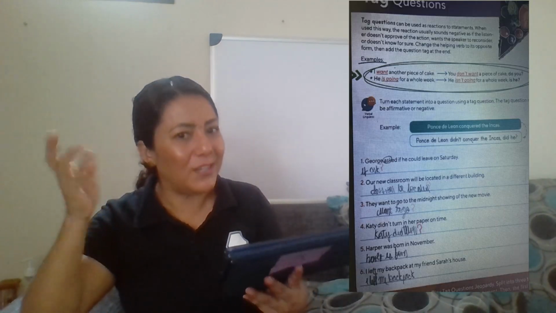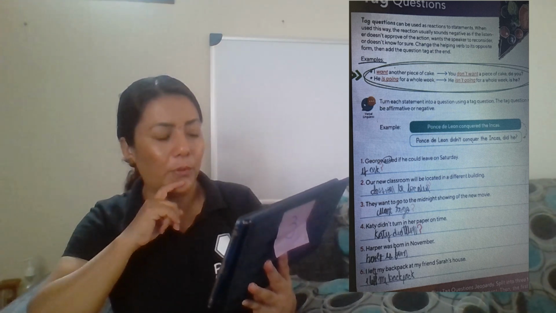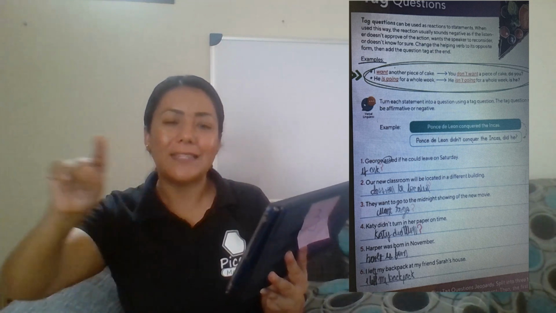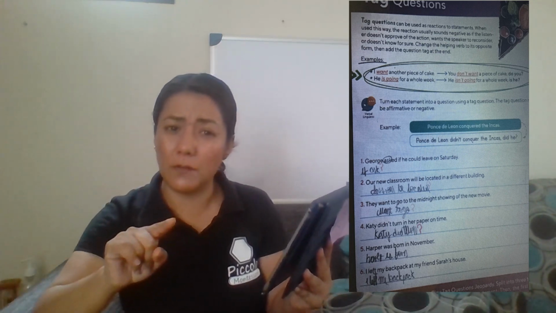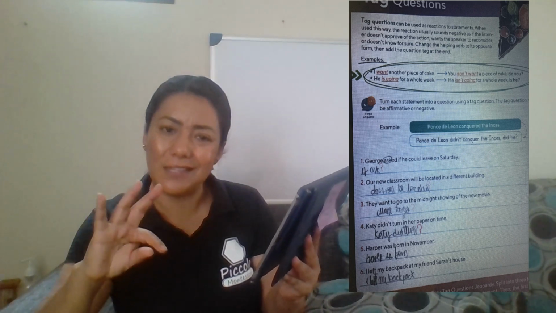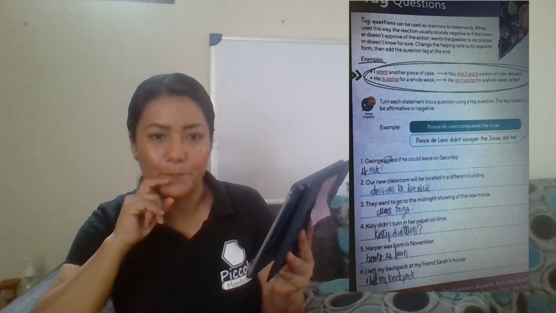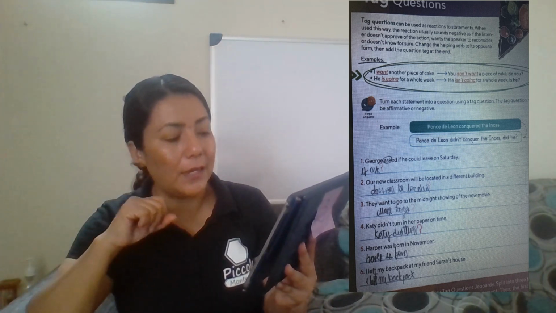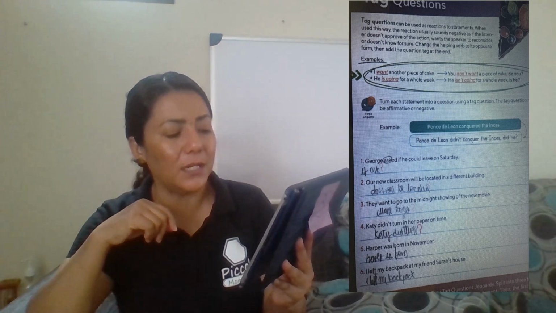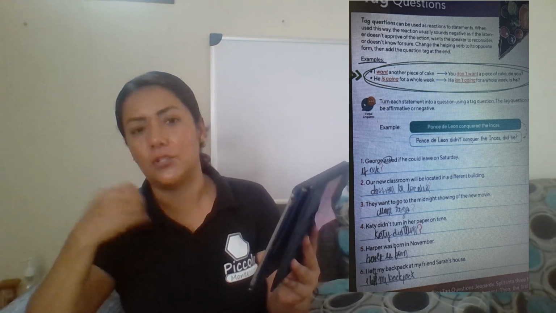Okay, that's easier now. Number one, for example, they give you the statement. What's another word for statement? Sentence. Statement, sentence, same thing. They're synonyms. Okay, so instructions say turn each statement into a question using a tag question.